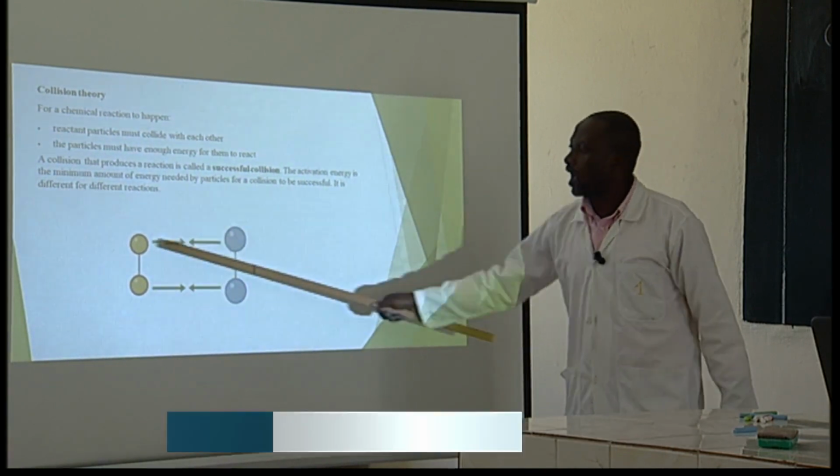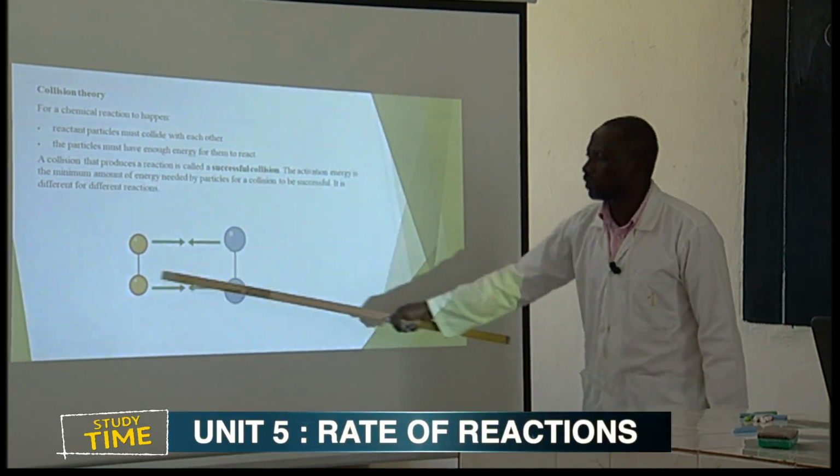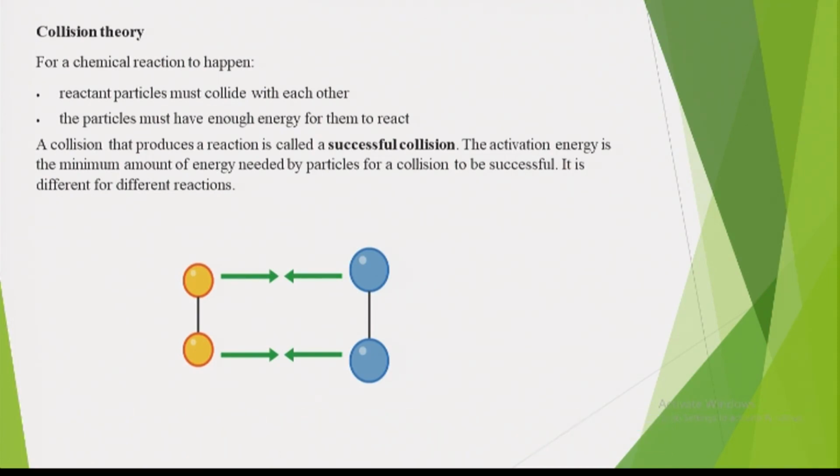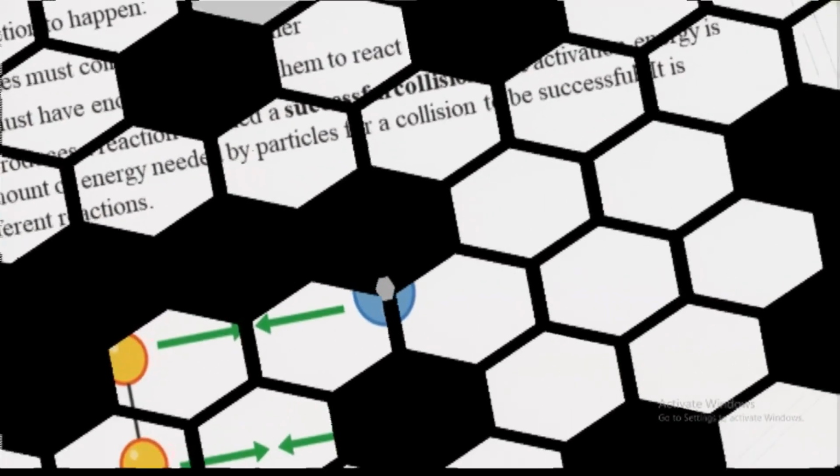So this particle has to collide with that one, and that one has to collide with that. But for the reaction to take place, the collision has to be successful, and it is successful only if those colliding particles have enough energy.